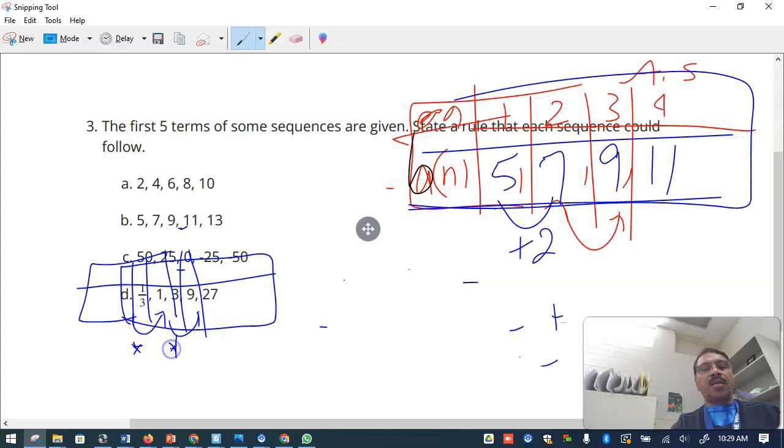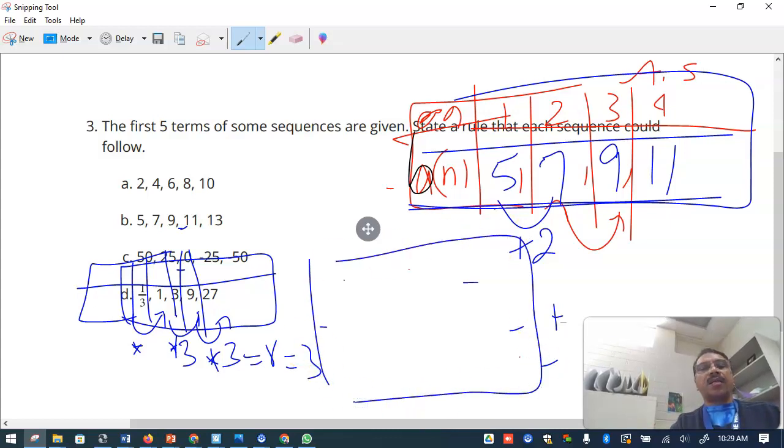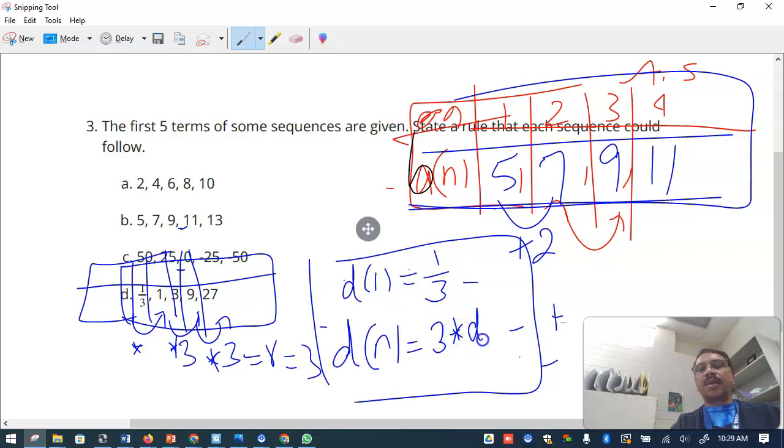So the common growth factor is r, which is 3. But how do you write the recursive definition? d of 1, the very first term, is 1/3, and then any term d of n is always 3 times the previous one. So d of n minus 1 times 3.